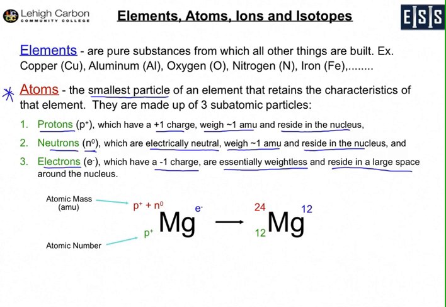One other thing about these charges, the +1 charge for the proton and the -1 charge for the electrons, the +1 and -1 is also representative of the strength of the magnetism or the charge. So these have the same strength, only in opposite directions. A proton is a +1 and an electron is a -1.